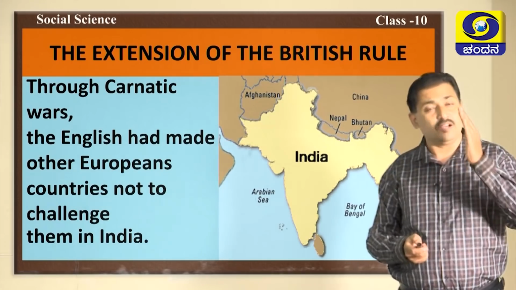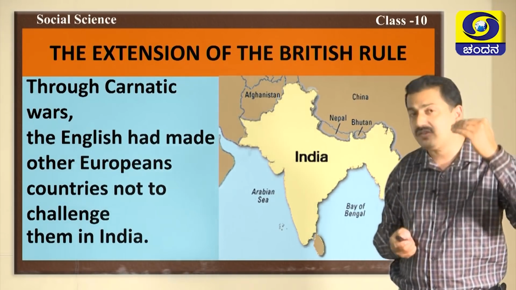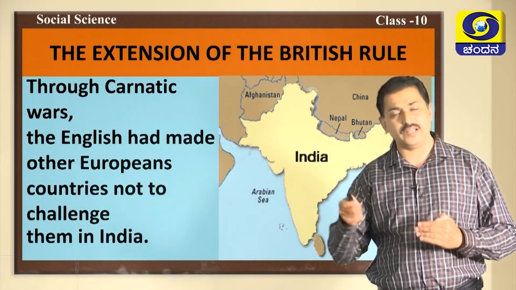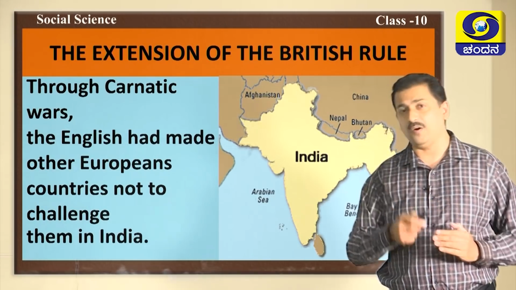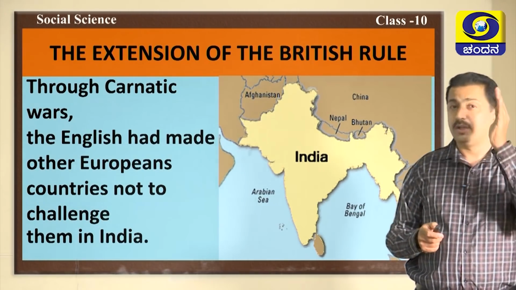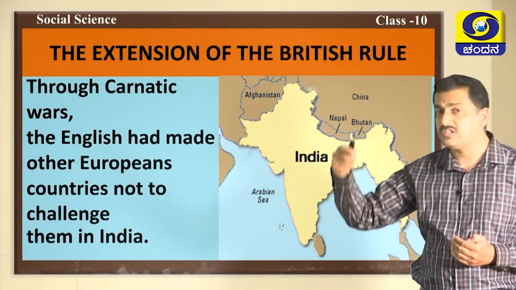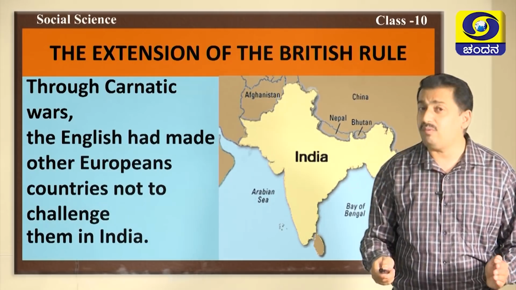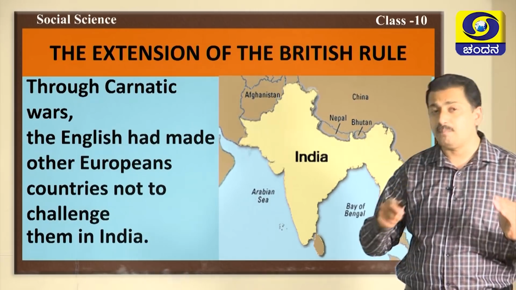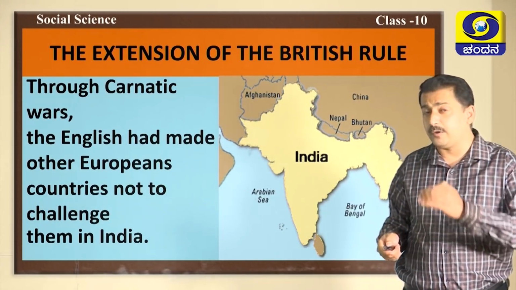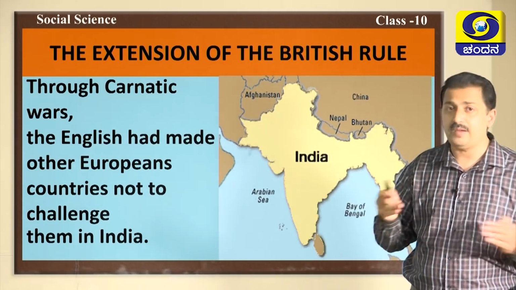That means, in the first three Carnatic Wars, the first Carnatic War took place in the year 1746 to 48, the second Carnatic War 1749 to 54, and the third Carnatic War took place in the year 1756 and continued up to 1763. In these three wars, they subdued the French. They defeated the French completely. The French were restricted to Pondicherry, Mahe, Chandranagar, Karaikal and Masulipatnam.